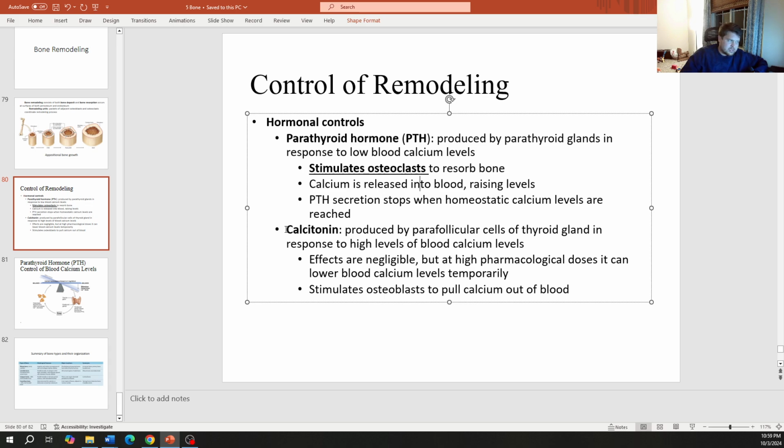Another hormone known as calcitonin is produced by these cells known as parafollicular cells, also known as C cells. C cells, calcitonin, the C cells of the thyroid gland, in response to high levels of blood calcium.